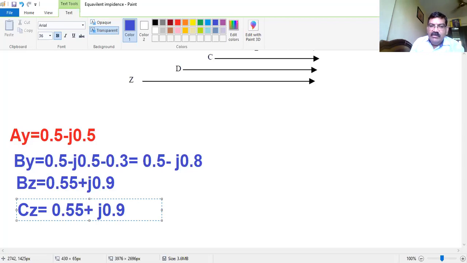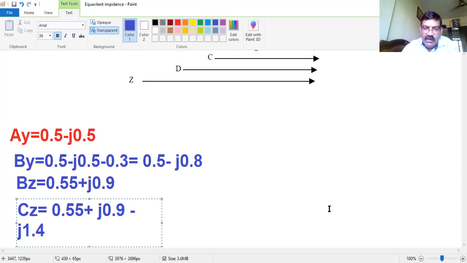It is the same bz value. And what I have to do here is subtract, because it is given in the problem, the value is minus j1.4.